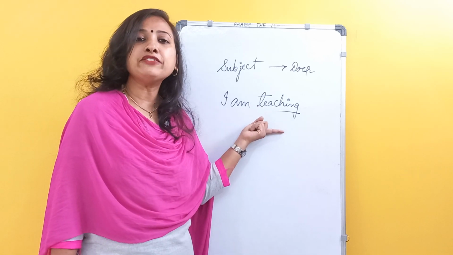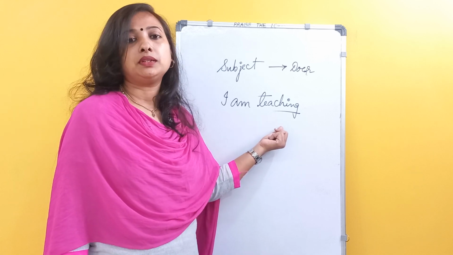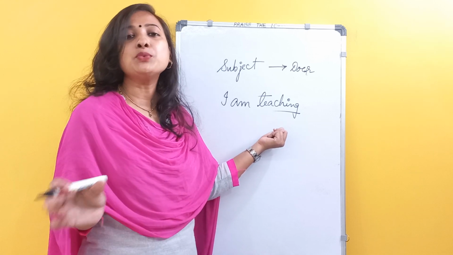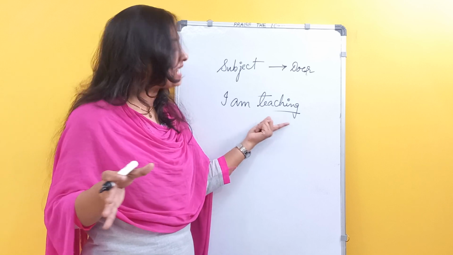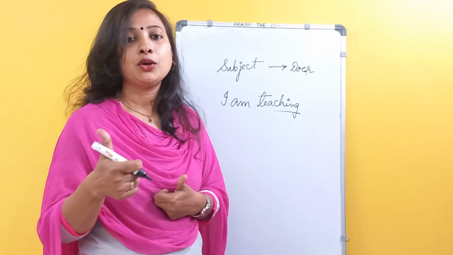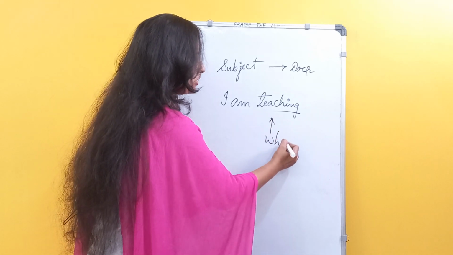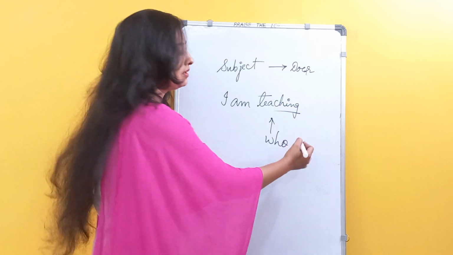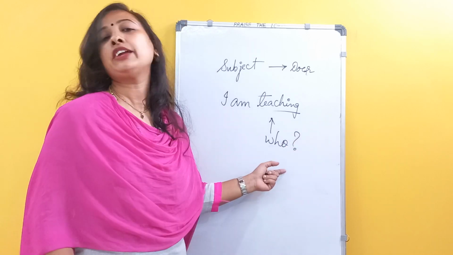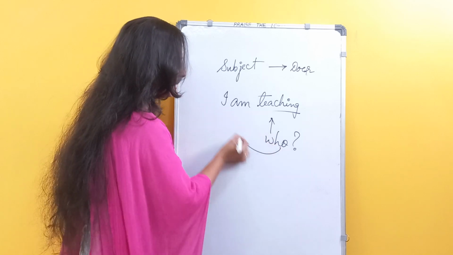So you identify the verb, the action word is nothing but the verb. When we identify the verb, you put a question: who is teaching? You need to ask a question like who. This who will give you the answer. Who is teaching? I.